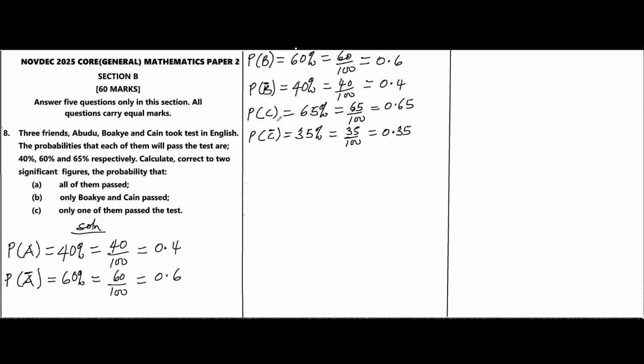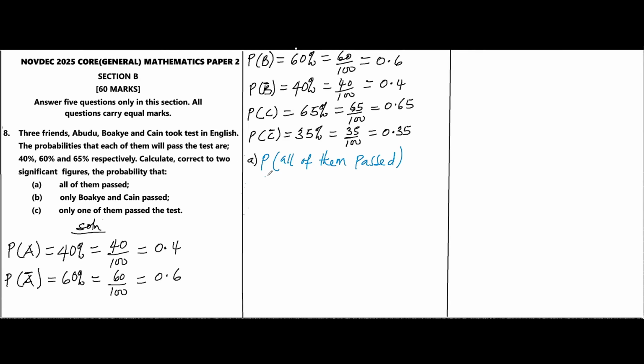So in our calculation, we are going to use the decimals. Now with this, we are to calculate correct to two significant figures the probability that all of them passed. So under what condition will all of them pass?